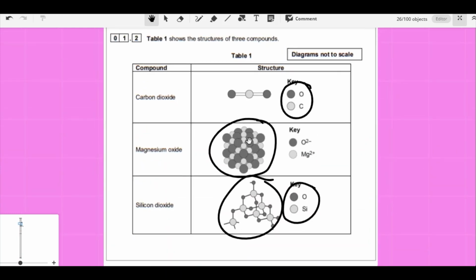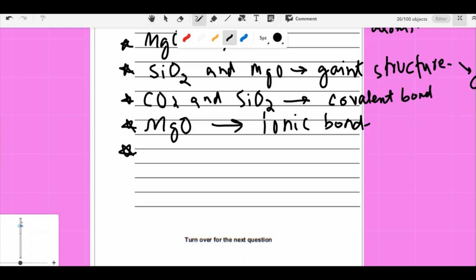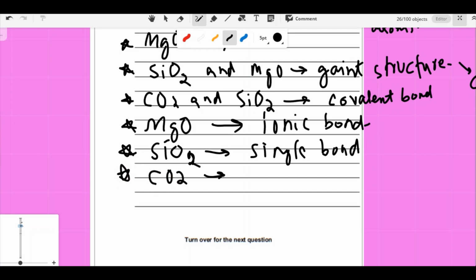And in the case of carbon dioxide, the carbon is present at the center and the two oxygens are bonded with carbon, so both oxygens are bonded with carbon via double bonds. So you can also write that silicon dioxide has single bonds, while in carbon dioxide the bonds are double bonds.